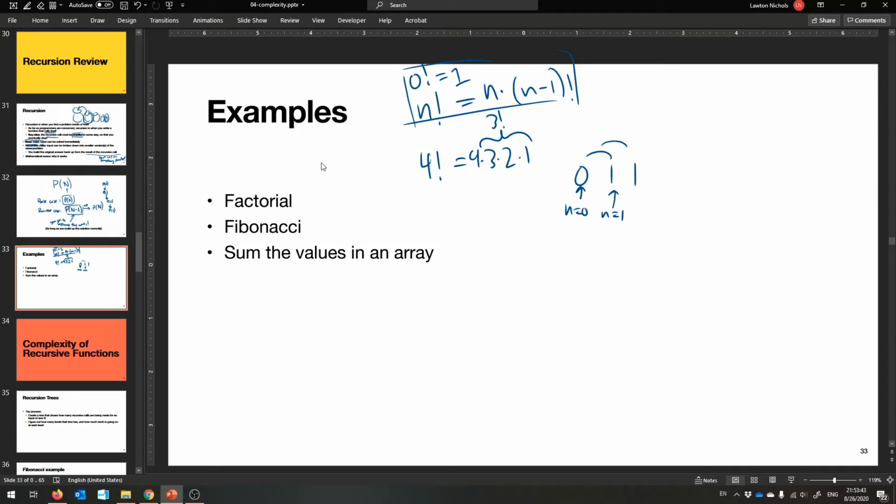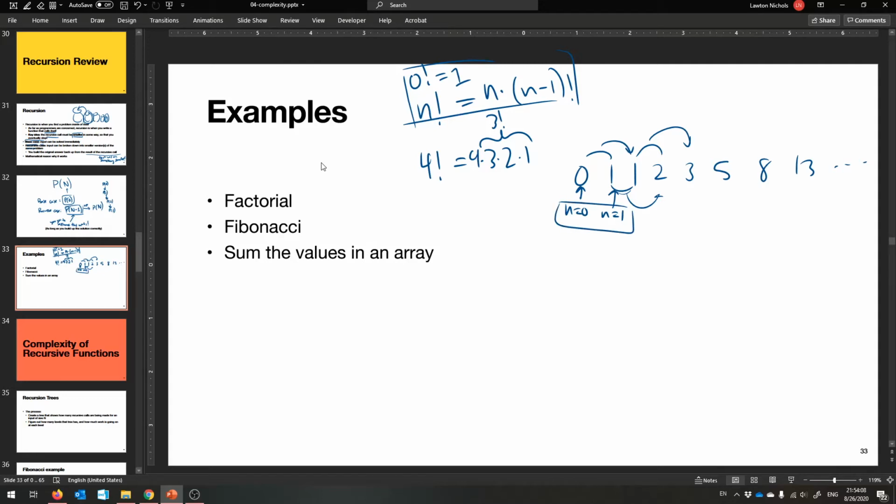So 0 plus 1, that gives me 1. Okay? And 1 plus 1, that gives me 2. 2 plus 1, that gives me 3. Okay? And then so on. 5, 8, 13, on and on forever. That's the Fibonacci sequence. So we actually have 2 base cases.